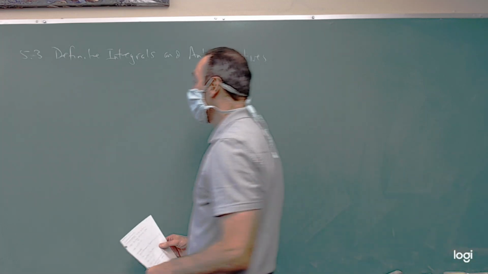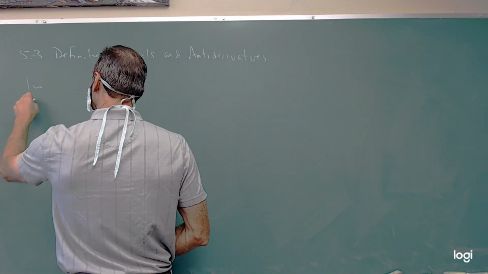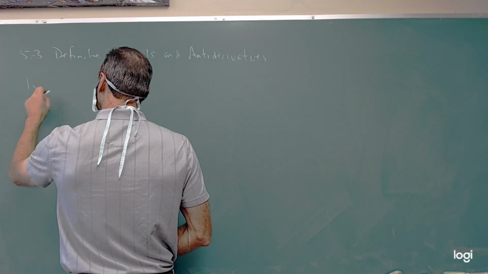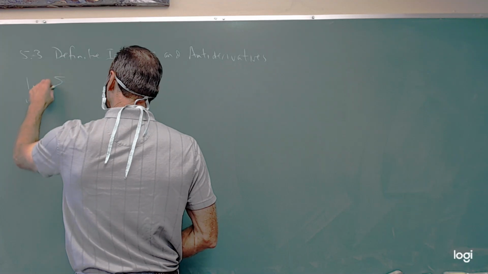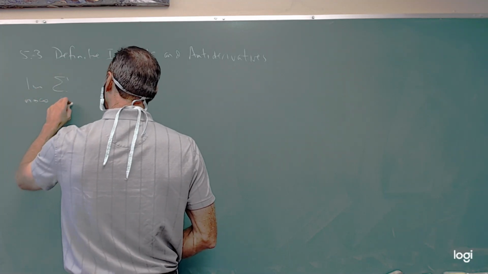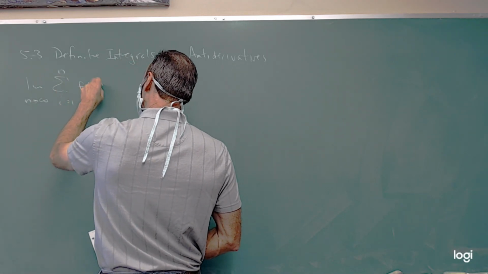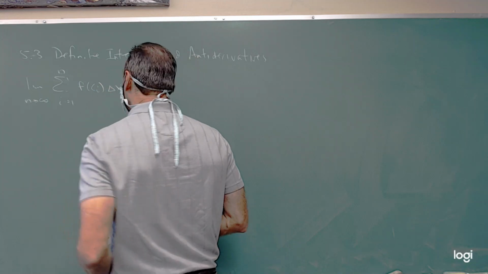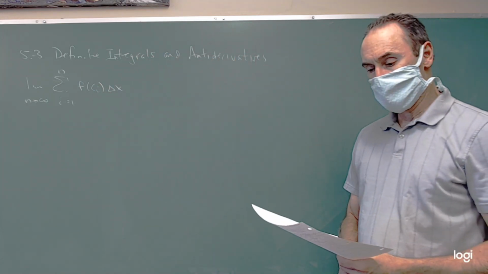So we said our definite integral is where we take the limit as n goes to infinity of the sum, i goes from 1 to n, of our Riemann sum, f of c sub i times delta x.